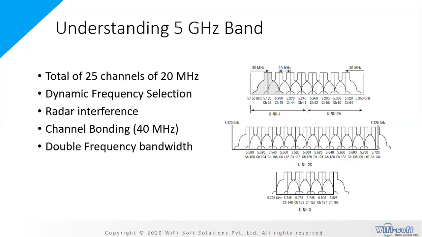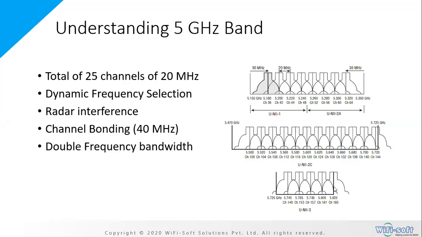Secondly, another range which is available is from 5.5 all the way to 5.72 gigahertz. Again, whatever you see here are the channels available in this band. Lastly, from 5.725 to 5.825. These are the bands which are available.